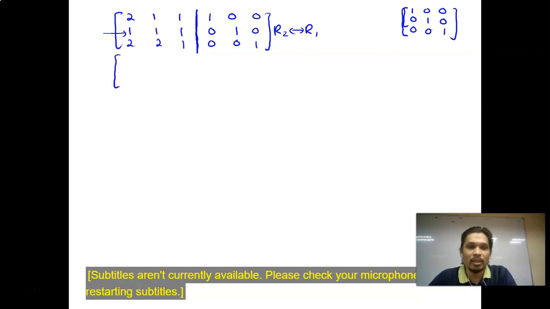Okay. So we got this one here: 1 1 1 0 1 0. Then 2 1 1 1 0 0 and 2 2 1 0 0 1.